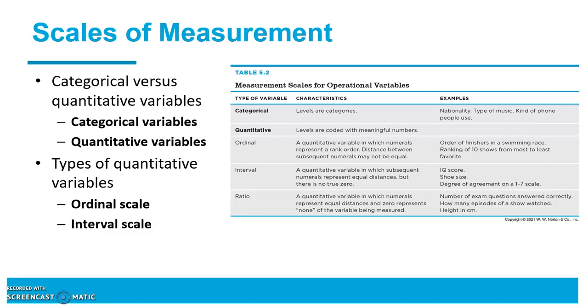Sometimes you'll have interval variables, where distance matters, but there's no true zero, and that is things like IQ score, shoe size, and a Likert scale. Okay, so you'll see all of these across psychological research. You just need to have an understanding of what each of them is.